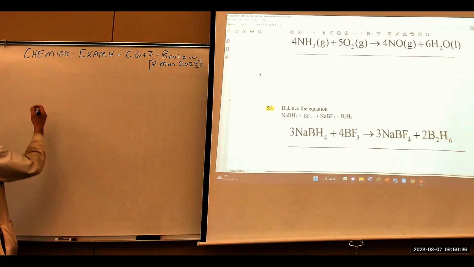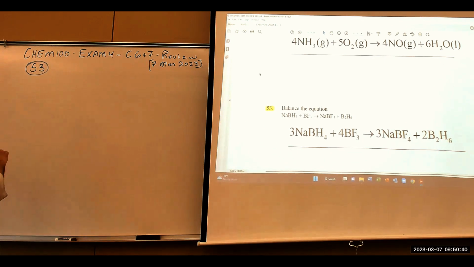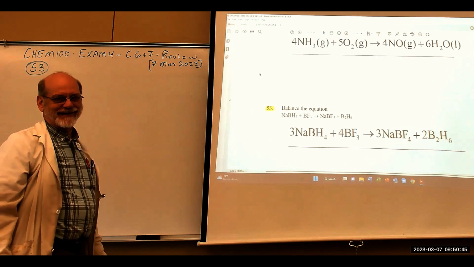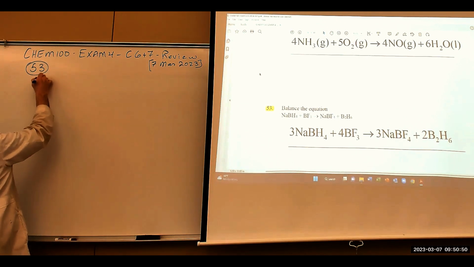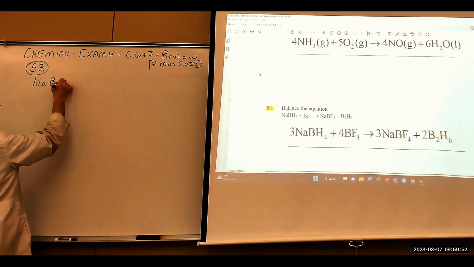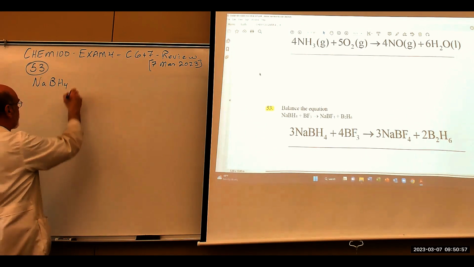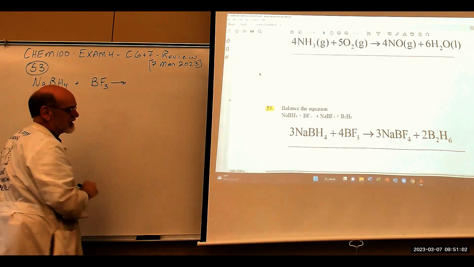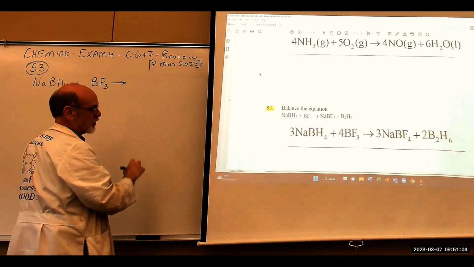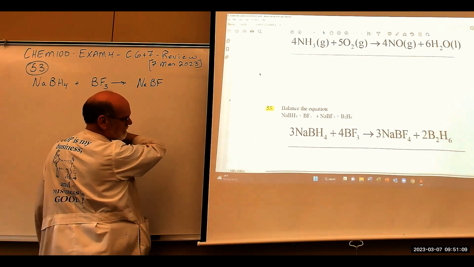53. Let's give this one a whirl. We've got sodium borohydride. Okay. We've got boron trifluoride. We have sodium borofluoride. That's a 4, yep.